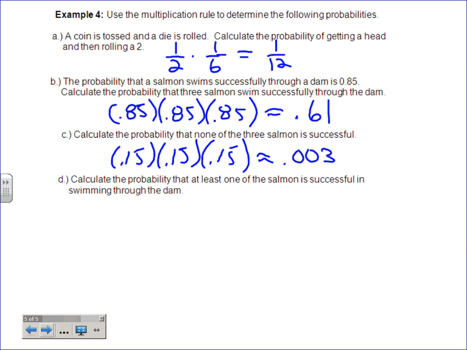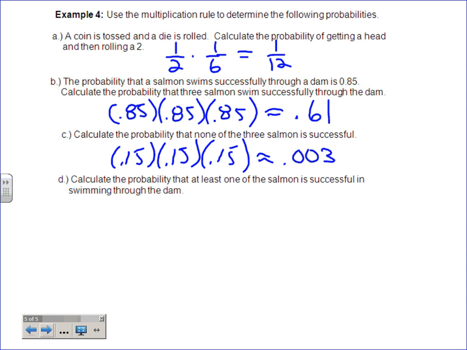Are those the only two things that can happen with 3 salmon? The first one can make it, the second one doesn't, the third, okay, so that's why it doesn't add to 1. Okay, right? And all those other possibilities. The first one makes it, the second one makes it, the third guy doesn't make it. All right, so there's a lot of possibilities in that sample space that we have not considered, correct? If we're talking 3 salmon, that's why it doesn't add to 1, okay?